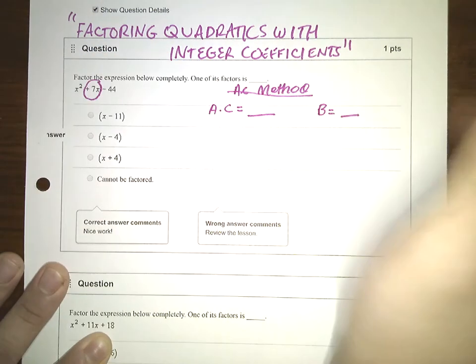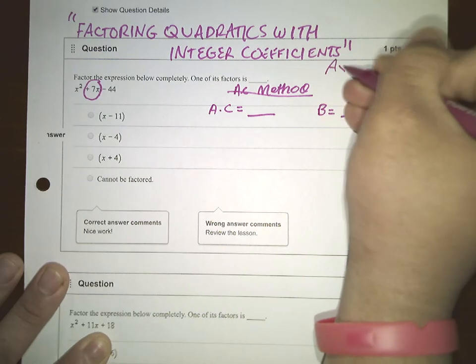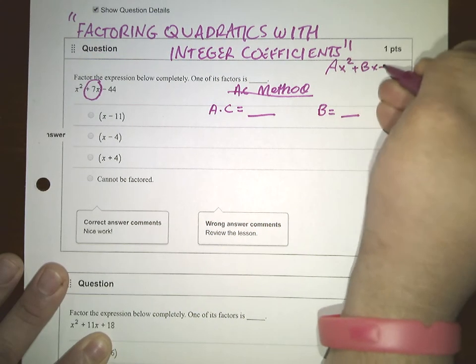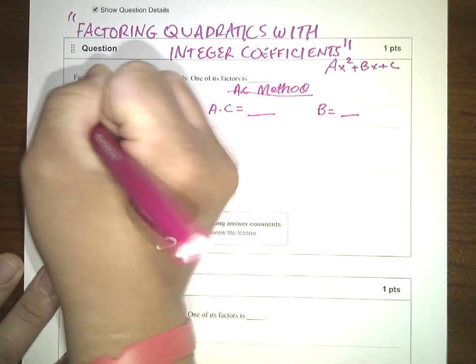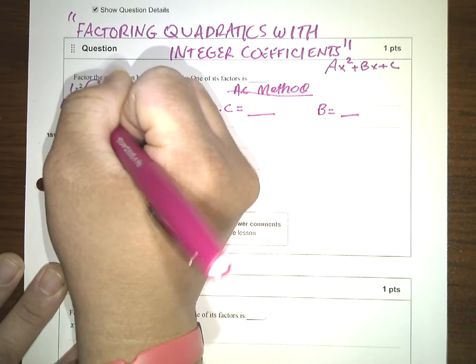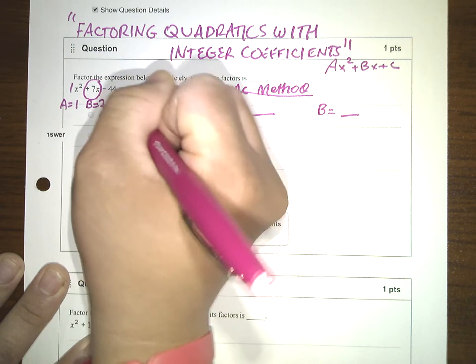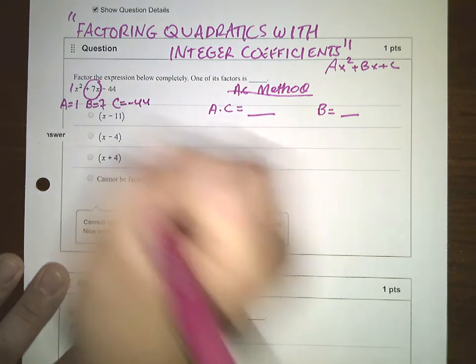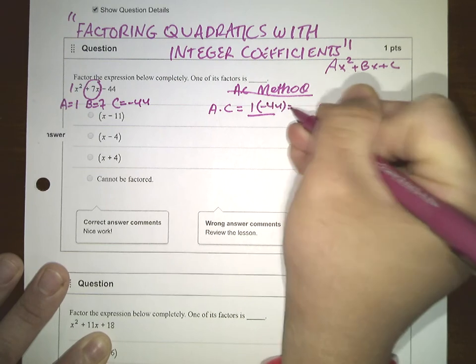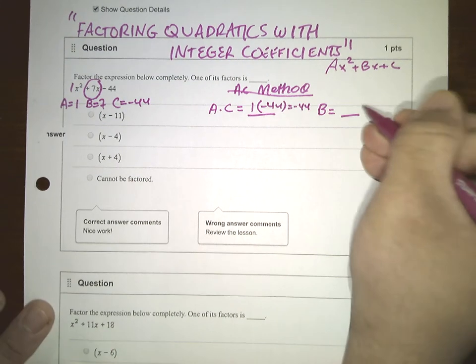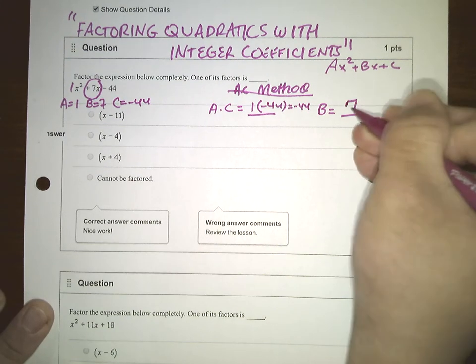So remember, these are quadratics of the form ax squared plus bx plus c. So in this particular case, it's 1x squared plus 7x, so a is 1, b is 7, and c is negative 44. So a times c is 1 times negative 44, which is negative 44, and b is 7.